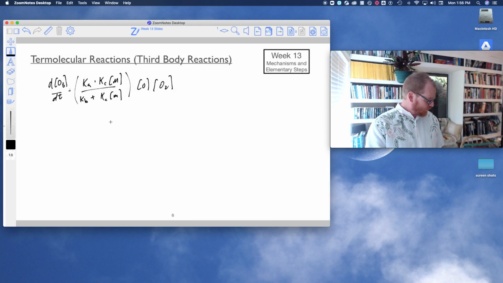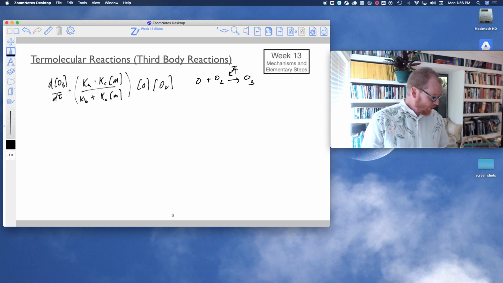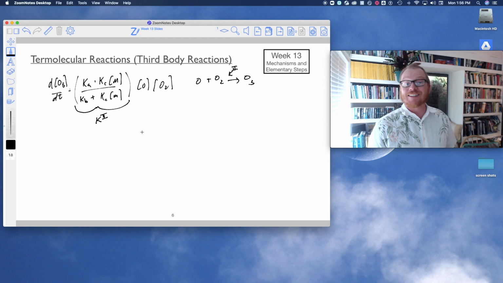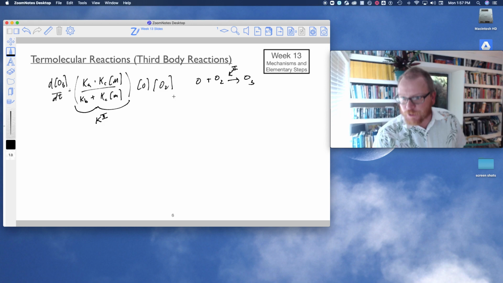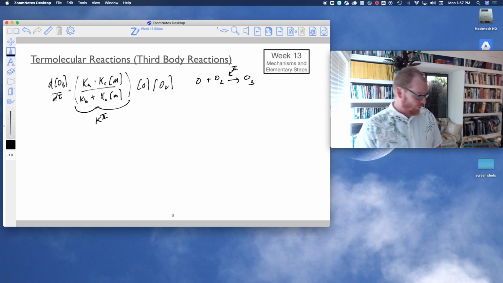Well, the way I've written it in this form, it looks like O plus O2 goes to O3 reacting at K2. So in other words, all of this stuff, Ka times Kc times M divided by Kb plus Kc times M, just takes on the effect of a second order rate constant, because I've got first order in oxygen atom and first order in molecular oxygen.